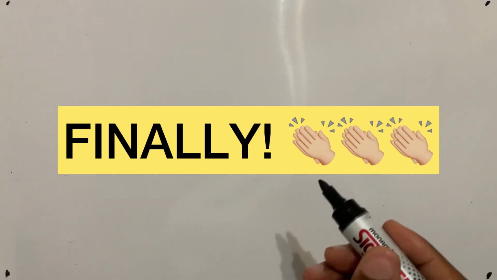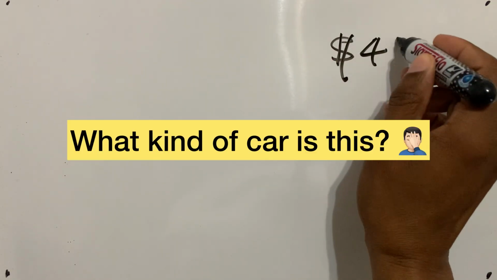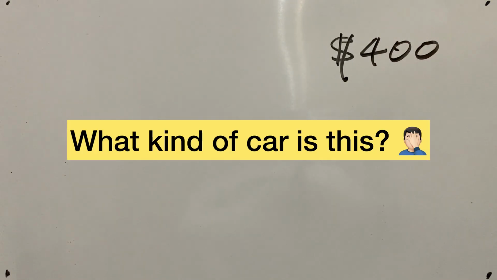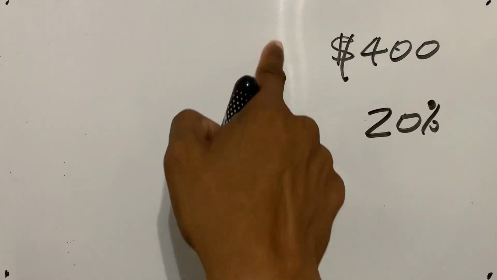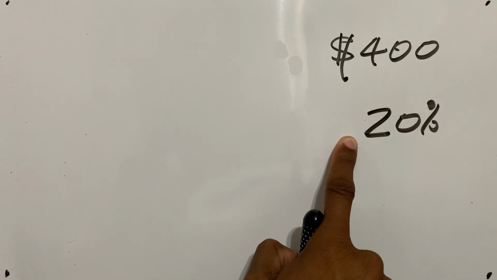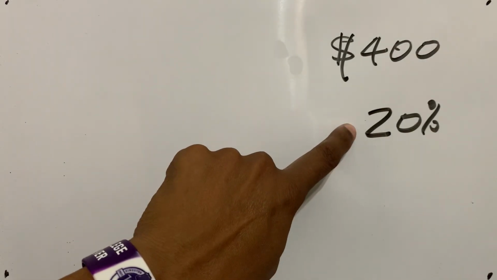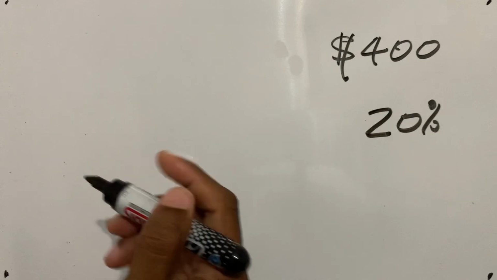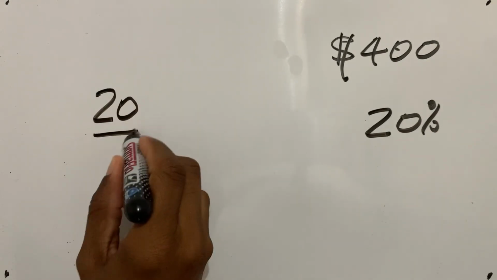If you have a car and the cost of the car is $400, and they said for you to get this car, you need to make a down payment of 20% of this. How do we know what this 20% is equal to? 20% is the same thing as saying 20 over 100.